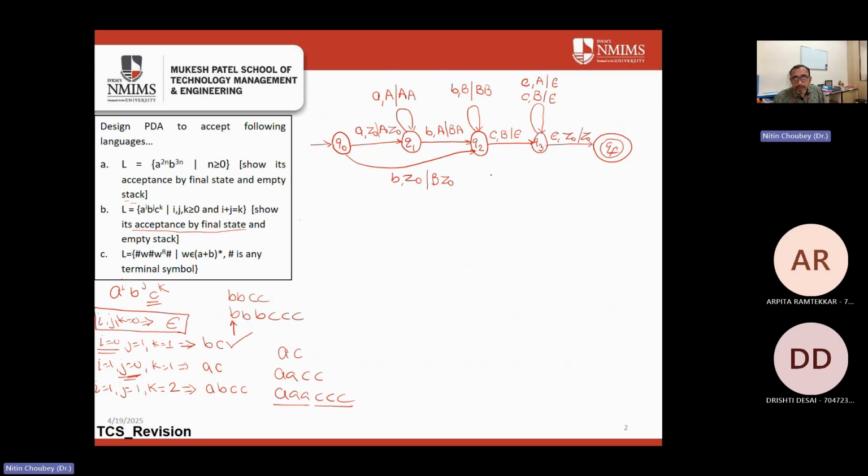Diagram will work in a similar fashion: for first A, we will have Z0 on the stack top. So A pushed on Z0. We'll continue with this, A comma A gives A comma A. But here in between A's and C's, we will not have any B because J is equal to 0. That is what we are assuming here.